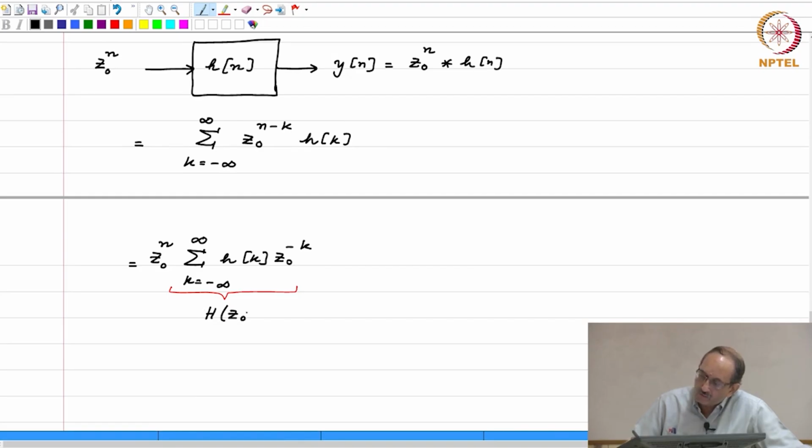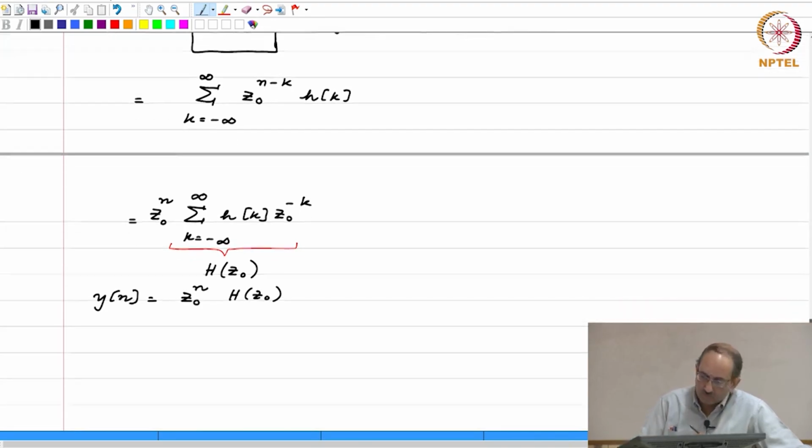So, we call this as H of z naught, and hence y of n is nothing but z naught to the n times H of z naught. Of course, we are assuming that this infinite summation exists, and we call this as H of z naught.